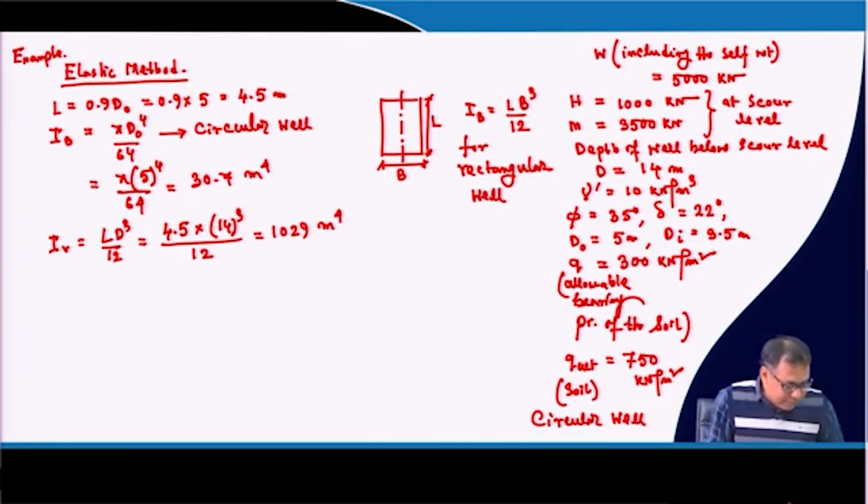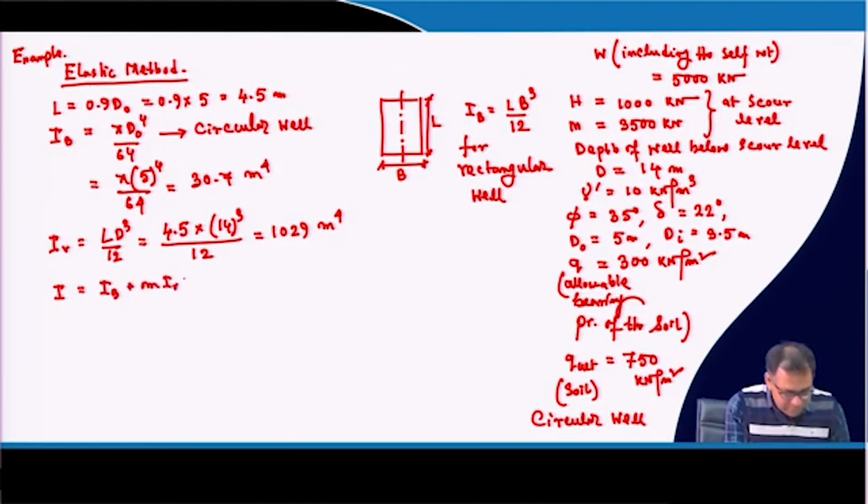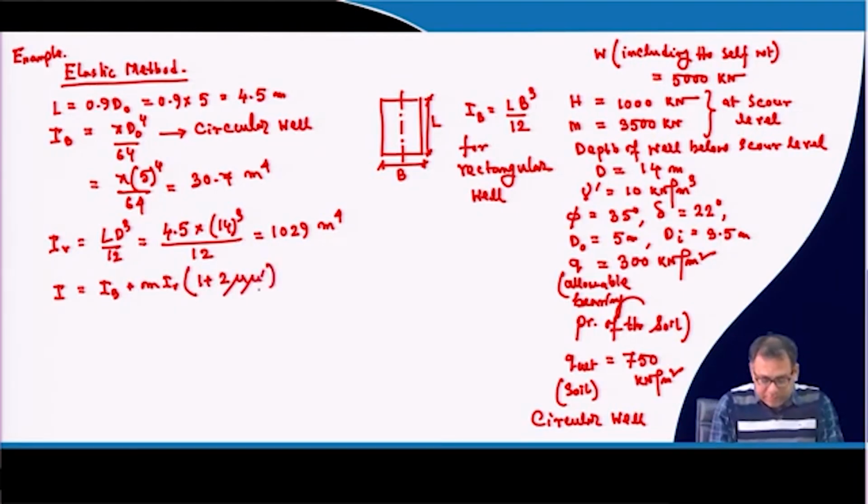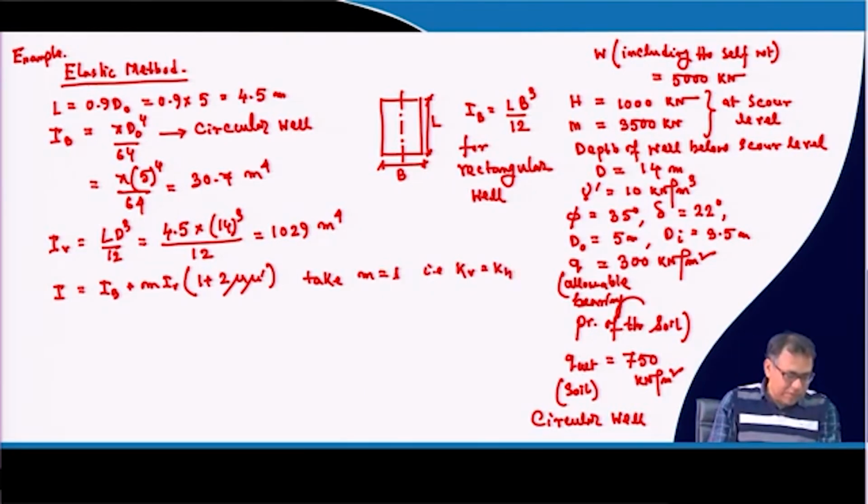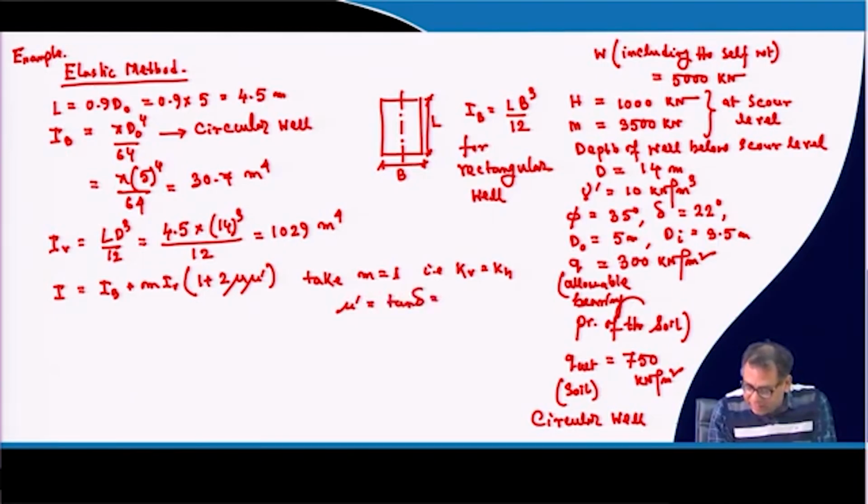Okay. So, now I is equal to I b plus m I v times 1 plus 2 mu dash. Okay. So, this is the equation, these equation I have already derived. So, now take m is equal to 1, that is k v is equal to k h, that is what we have assumed, and mu dash is equal to tan delta, and delta is 22 degree.